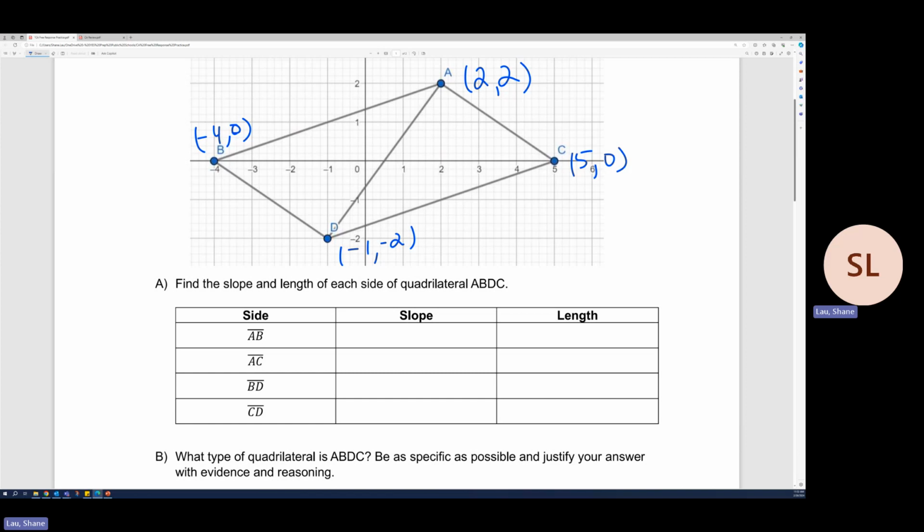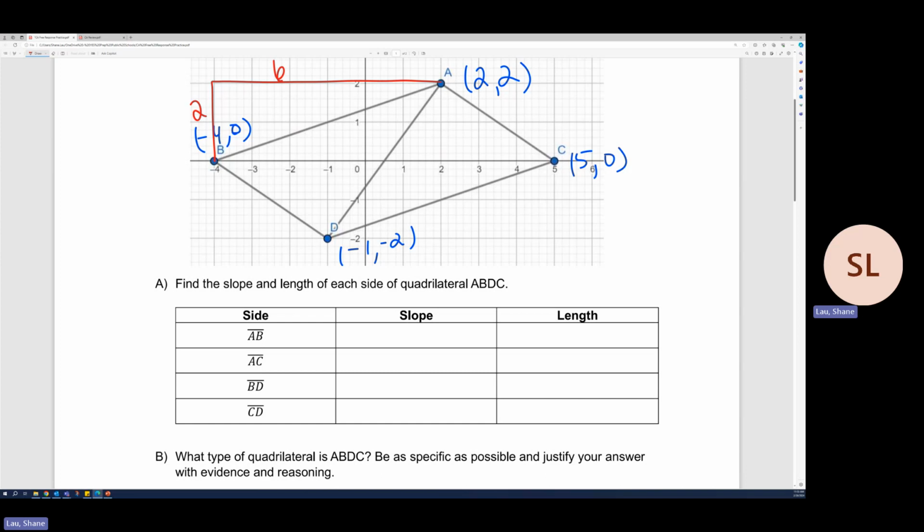Now for our slope, we can find it one of two ways. We can use the slope formula, which is y2 minus y1 over x2 minus x1, or we can simply do rise over run. If the part that I just marked in red are the legs of a right triangle, then this is 2, this is 6, and we don't know what AB is.